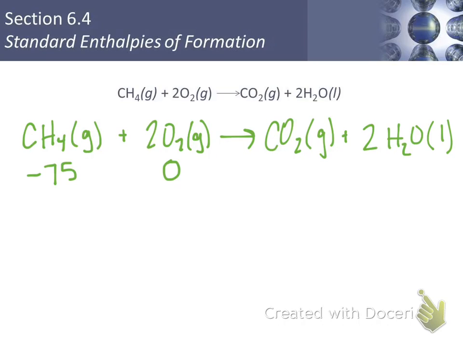So anything that's elemental and in its natural state is 0. Oxygen gas, hydrogen gas, nitrogen gas, right? Anything standard state that's purely elemental would have a 0 heat of formation. The heat of formation of an element in its standard state is 0, but I would always check your book just to make sure. While you're already back here, just check it.